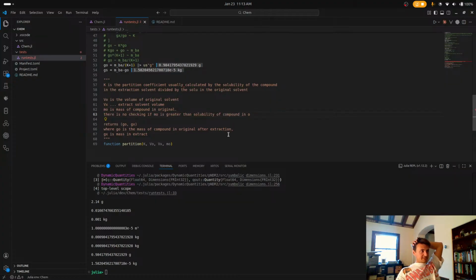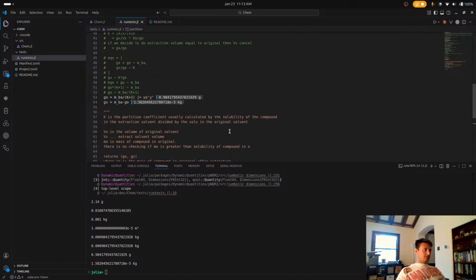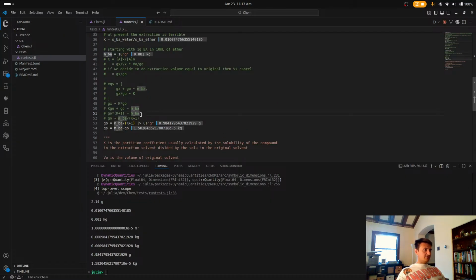Okay, so this is basically it. So then we're gonna get, so first off, this is kind of the derivation that needs to go in here.